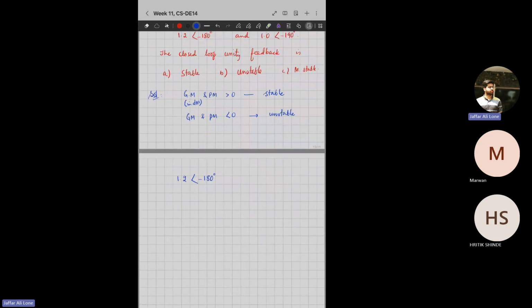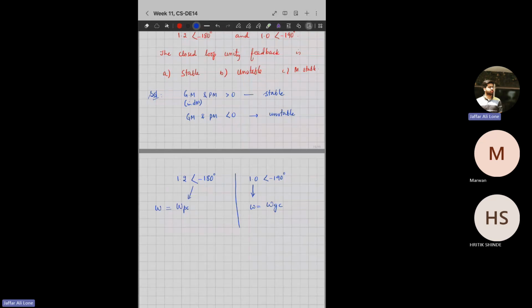So of course you know that this minus 180 phase is coming at omega equal to phase crossover frequency, omega PC. Similarly, in the other case, you are given the magnitude is unity and the angle is minus 190 degree. You know the magnitude is unity at omega equal to omega GC, the gain crossover frequency, right?